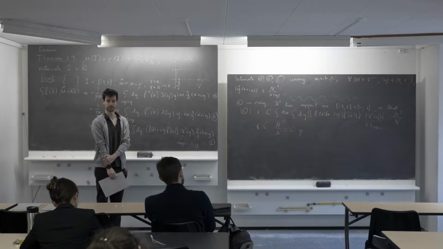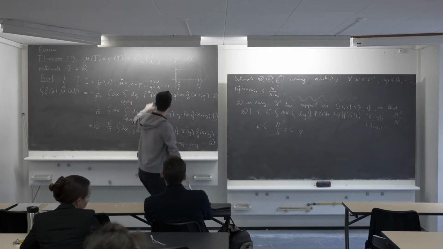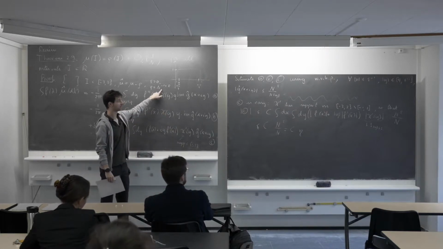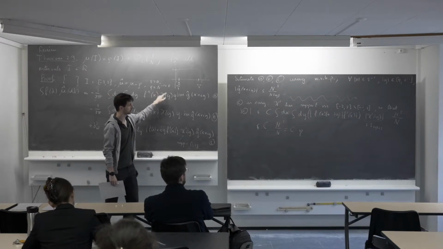Okay. Where did eta come from? I'm just substituting n to the epsilon over n by eta.